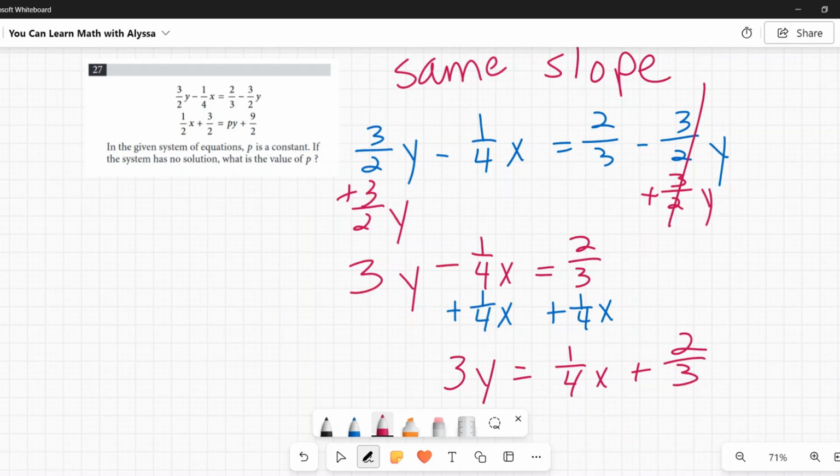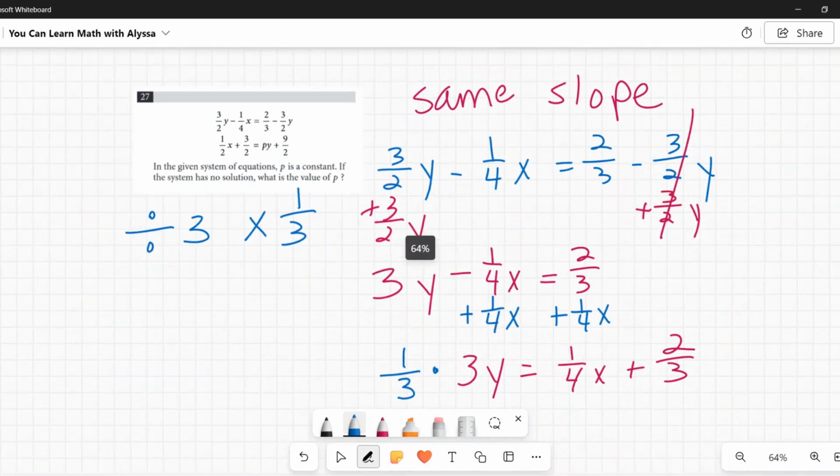Now, I want y by itself, so I need to divide by 3. When you are dividing fractions by 3, the other way you can look at it is you are multiplying by 1/3. That can make this a little bit easier. So again, dividing by 3 is the same as multiplying by 1/3. This is going to come back in just a minute.